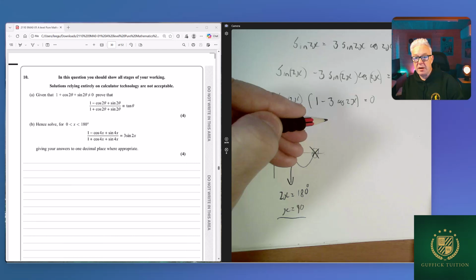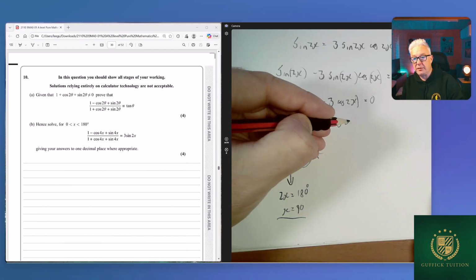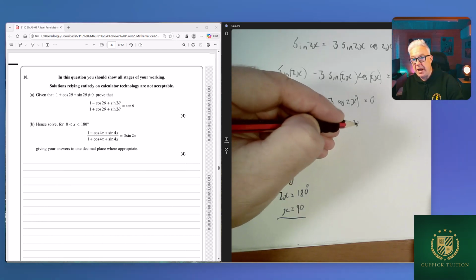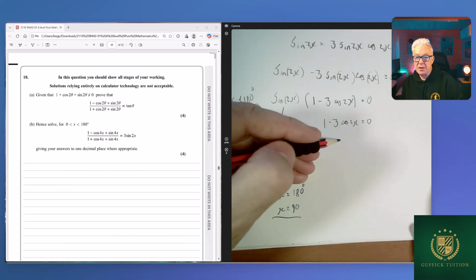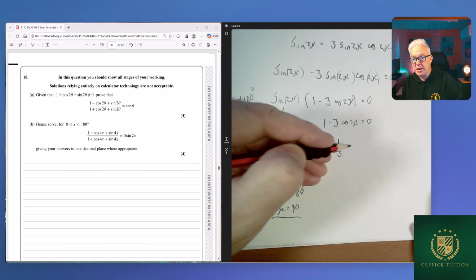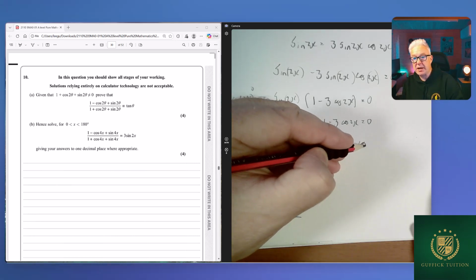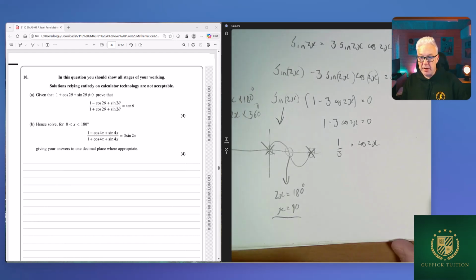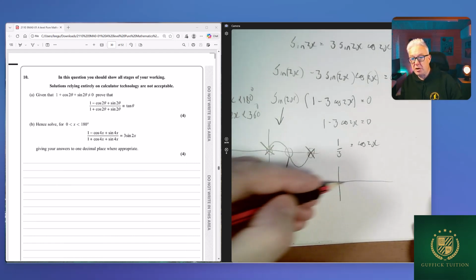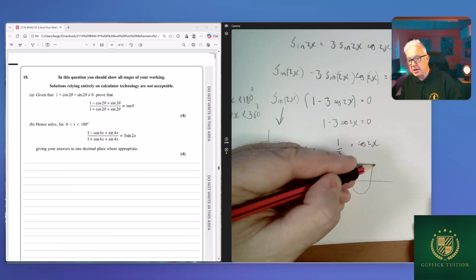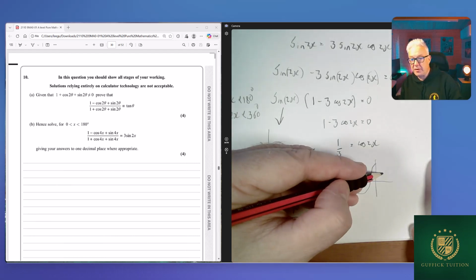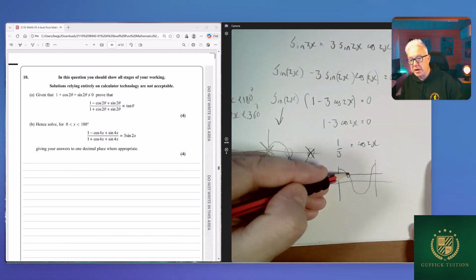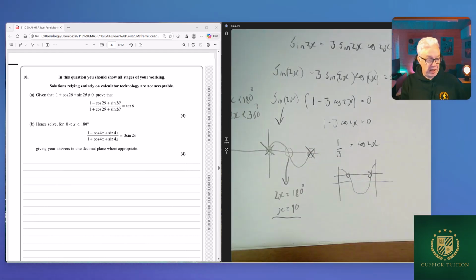Let's look at this bit. 1 minus 3 lots of cos 2x equals 0. So therefore 1/3 is equal to cos 2x. So again, we're looking at the portion of cos that goes from 0 to 360, and we're looking for 1/3. So we can see that we're going to get two solutions here. We are in degrees, so I'm just going to make sure my calculator is in degrees.